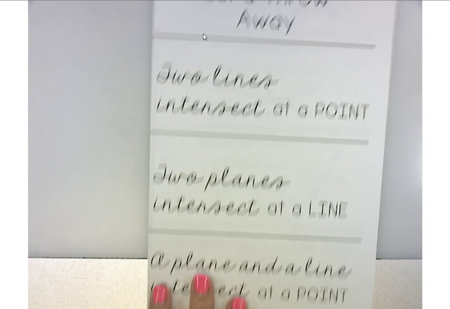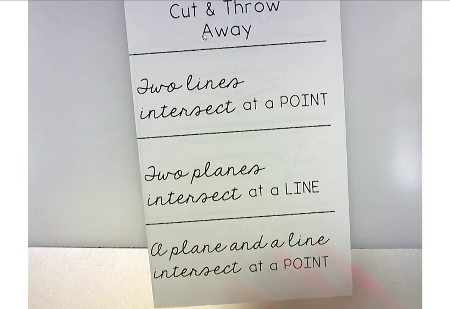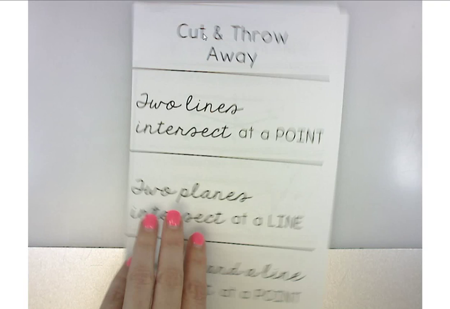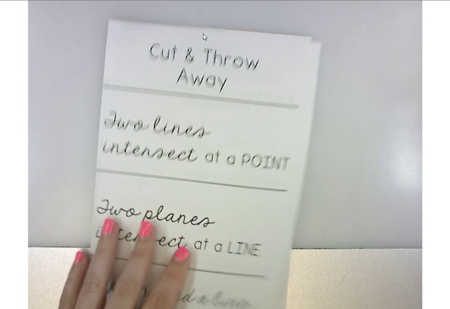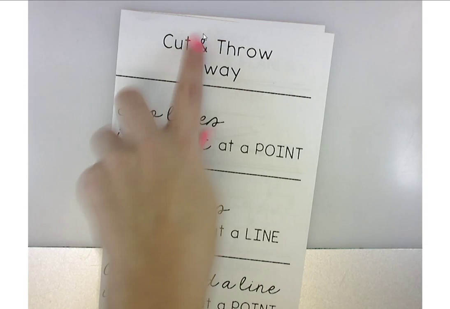And then before we even glue that one down, okay, so this is the last one that you guys got. Did some of you fold this yet? Okay, good. So you fold it, and then you're just going to cut and throw away this one part.